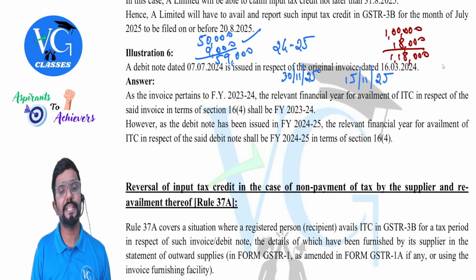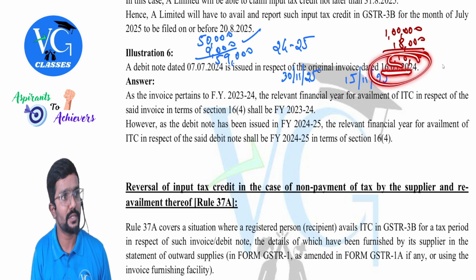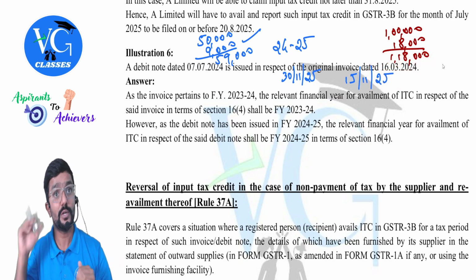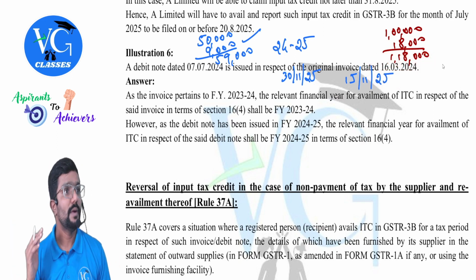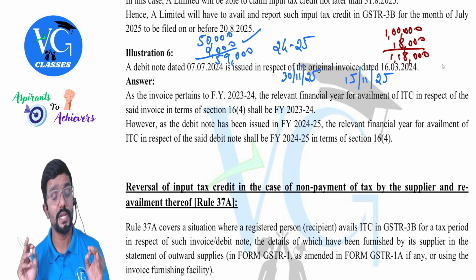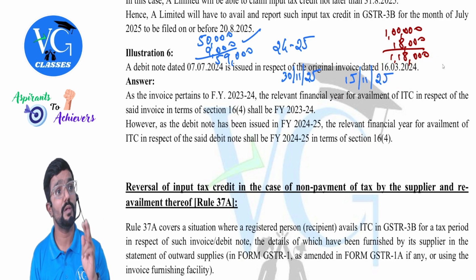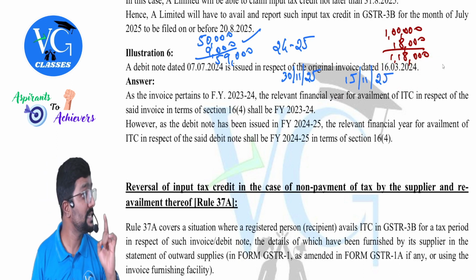As the invoice pertains to 23-24, hope you guys understand, 23-24, that is in March. So please take 23-24, not 24-25. By mistake, you might take 24-25. Always consider the financial year. And here it is March. Will it fall in 23-24 or 24-25? 23-24.